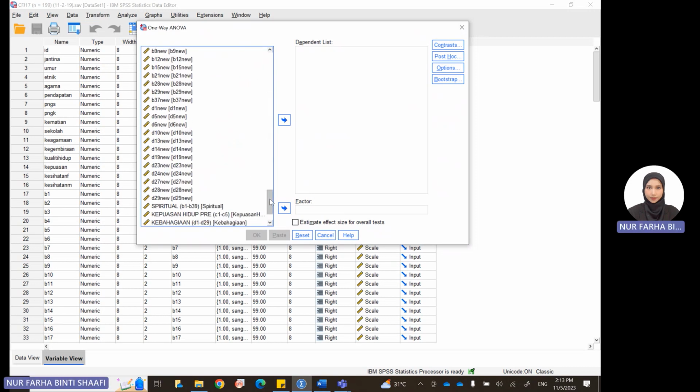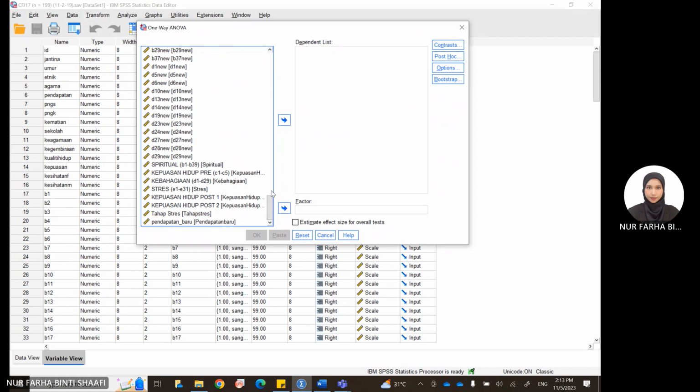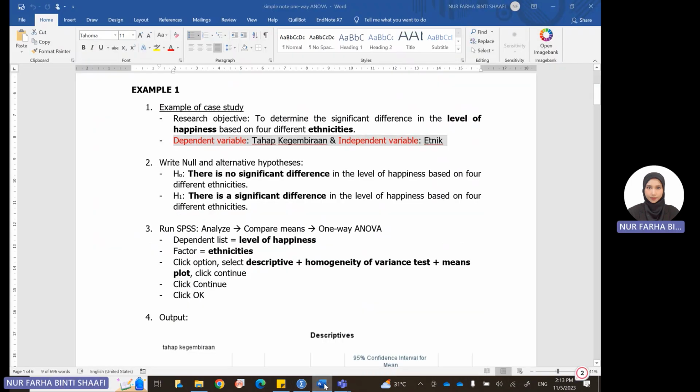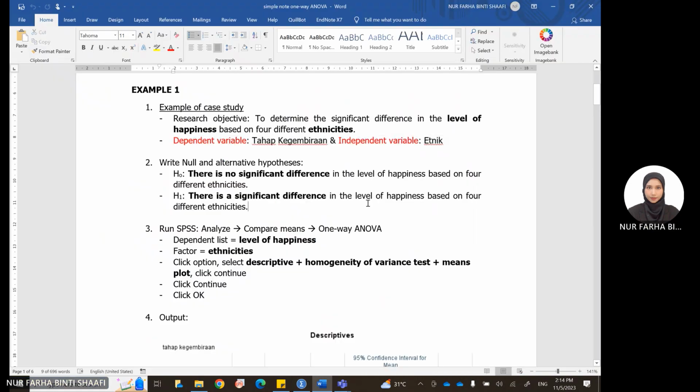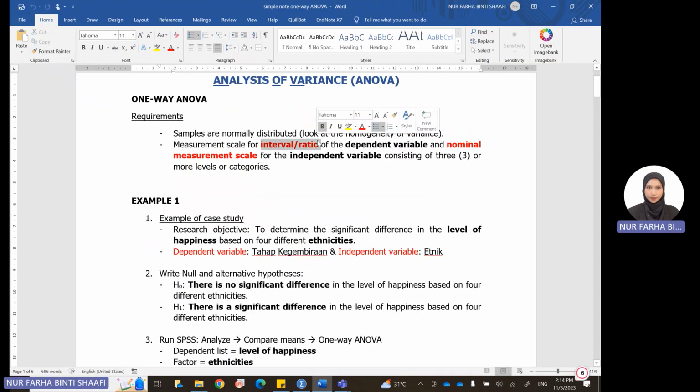Level of happiness, tahap kegembiraan. Here you can see tahap kegembiraan, or level of happiness. It is interval or ratio. Just now I have mentioned interval or ratio.